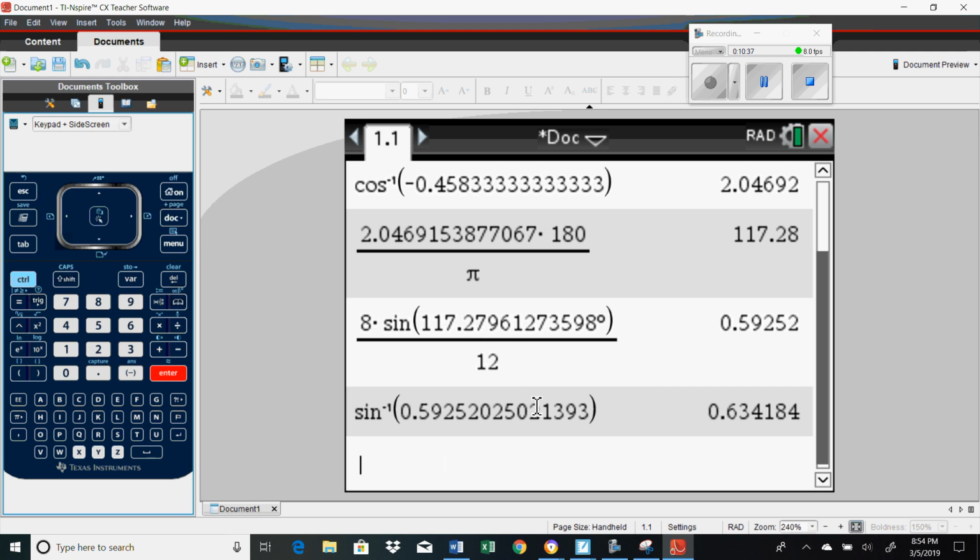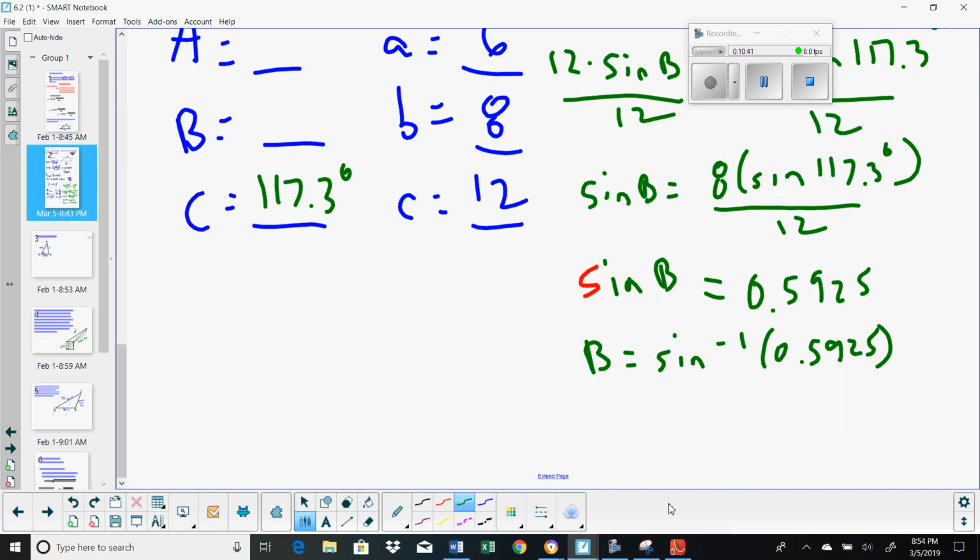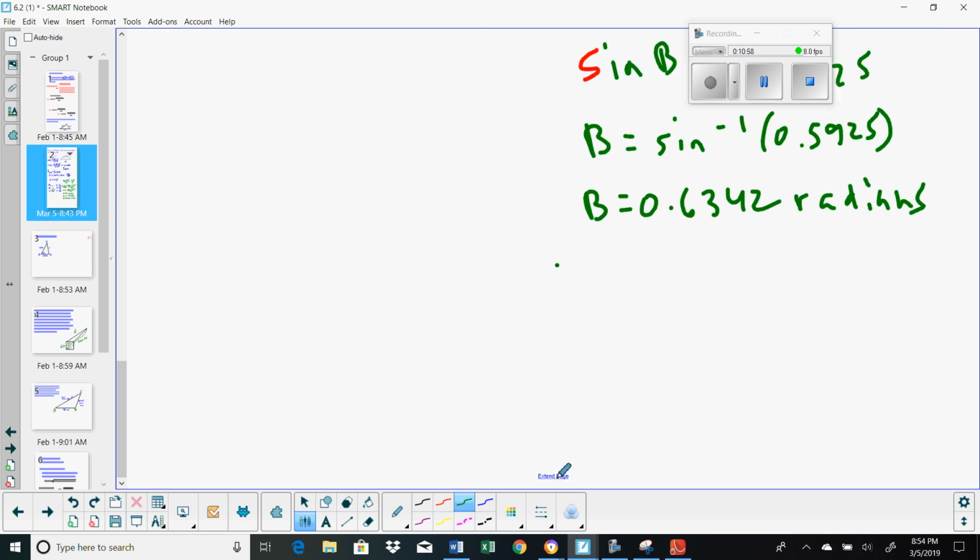And I'm getting 0.6342. So angle B is 0.6342. I think that was right, double checking. Yep, and so that is in radians, so again, we still have to convert that to degrees.